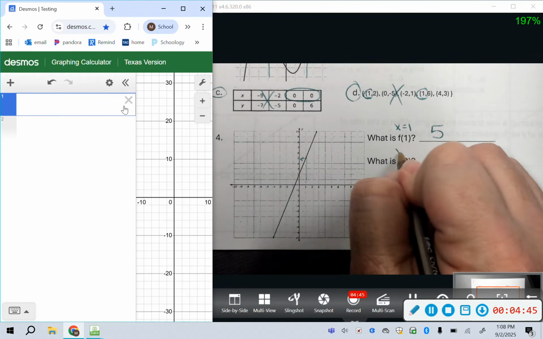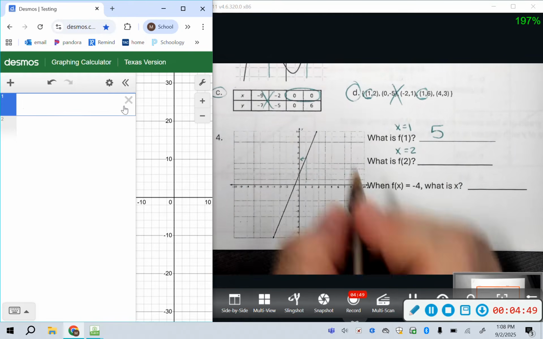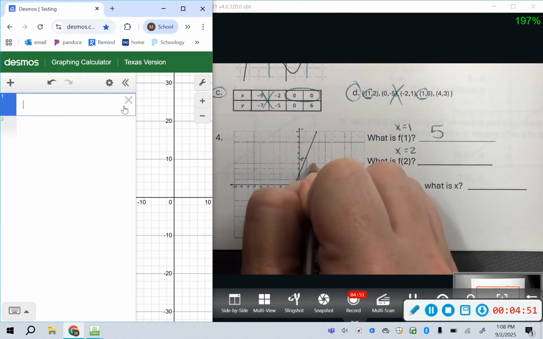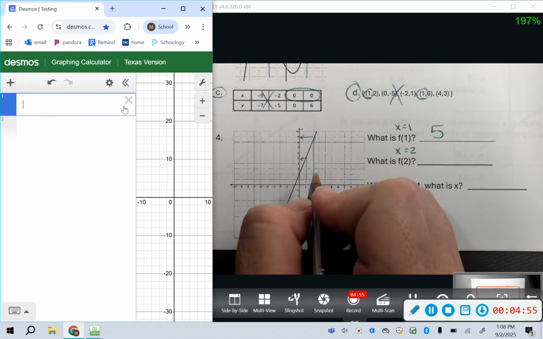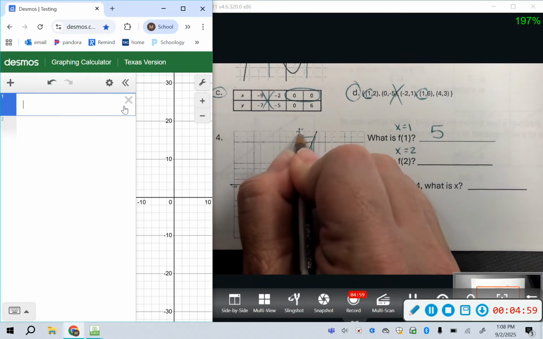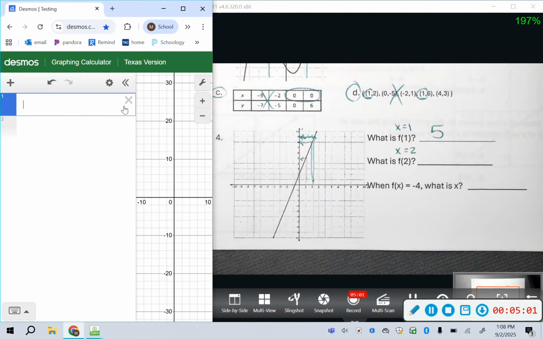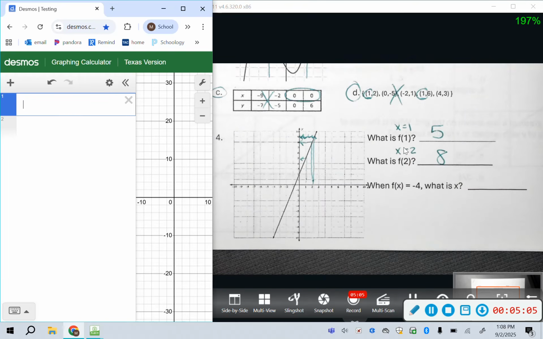Okay, this gives me x equals 2 because it's inside parentheses, so it's giving me my x. So if I go to 2 and find the height, that one is giving me, I think I drew my line crooked. I'm sorry, y'all. That actually is giving me 8. The one on your test will be a lot more clear.